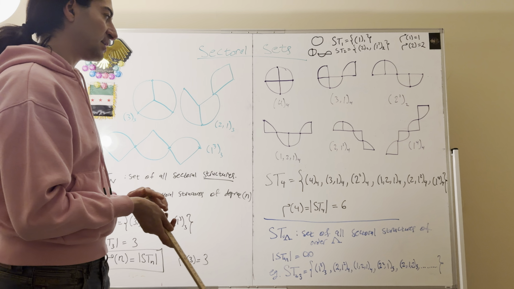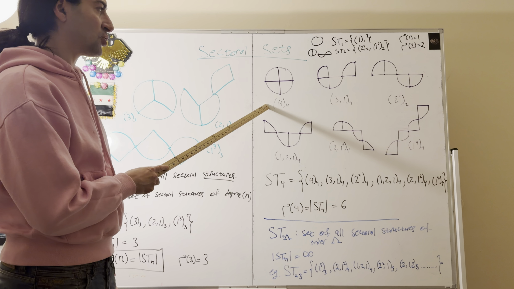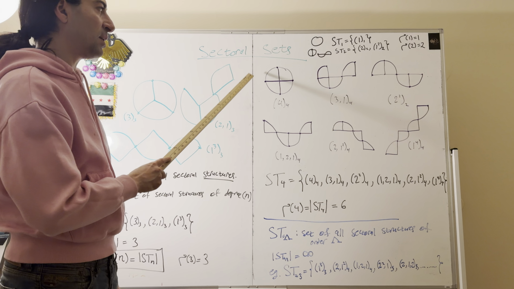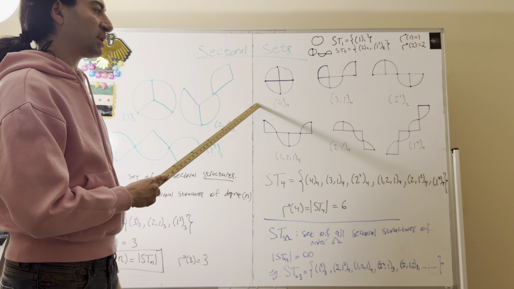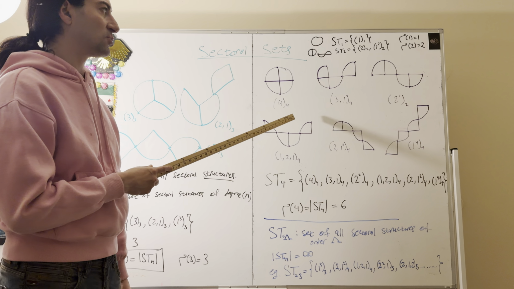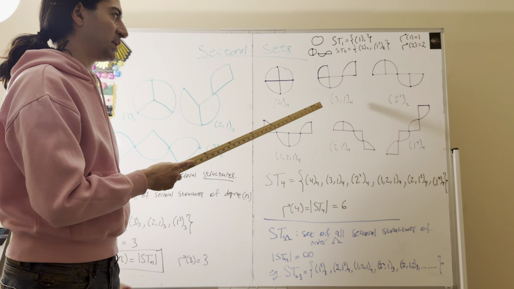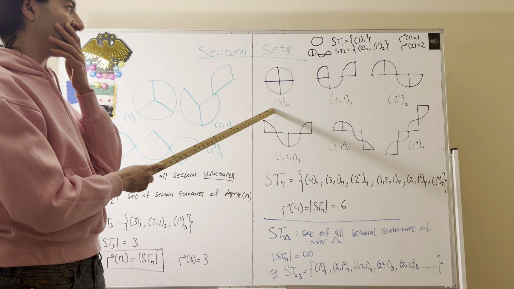Let's look at ST4, the set of all sectoral structures of degree 4. We have our theta structure here, 4 subscript 4. And we're going to try to go in increasing order, as the order of the sectoral structure, or lambda, increases. So this has an order of 1.